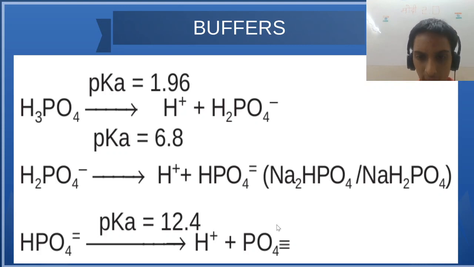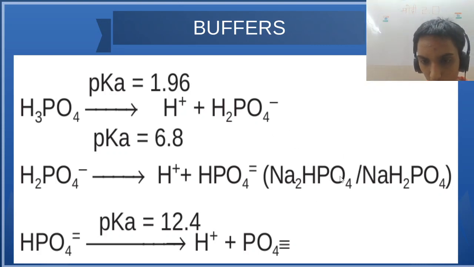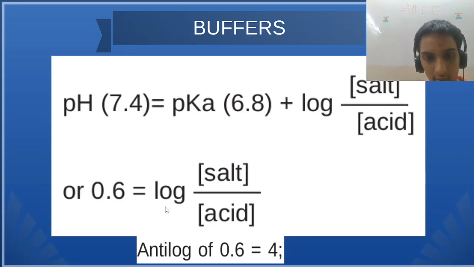Basic chemistry. So what will be the representation for this buffer? If we substitute in the Henderson-Hasselbalch equation, it is Na2HPO4, disodium monohydrogen phosphate, by monosodium dihydrogen phosphate. Another thing to notice is that the pKa is increasing. Let's apply the Henderson-Hasselbalch equation.